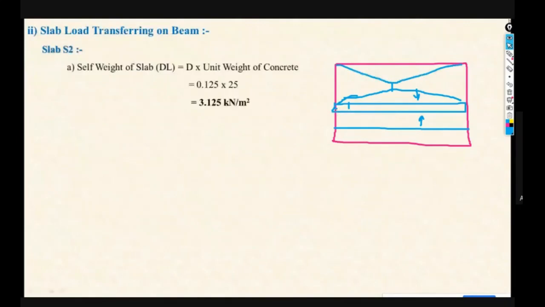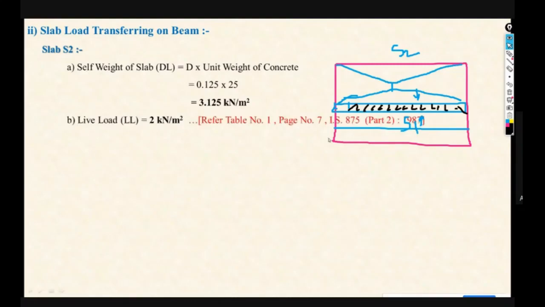Now the S2 slab. This is our S2 slab and S1. So load transfer from S2 slab to the beam. First, self weight of slab. Dead load is depth into unit weight of concrete, 0.125 into 25, that is 3.125 kilonewton per meter square. Then live load coming on the slab is 2 kilonewton per meter square.